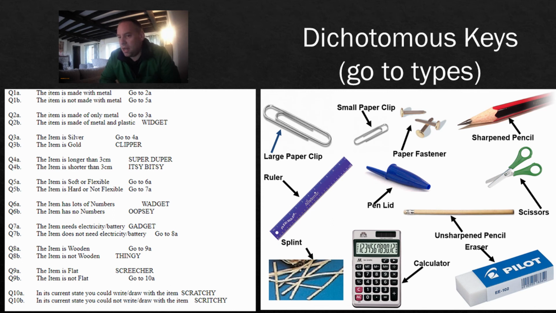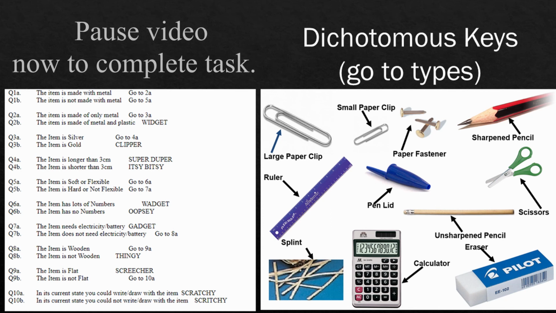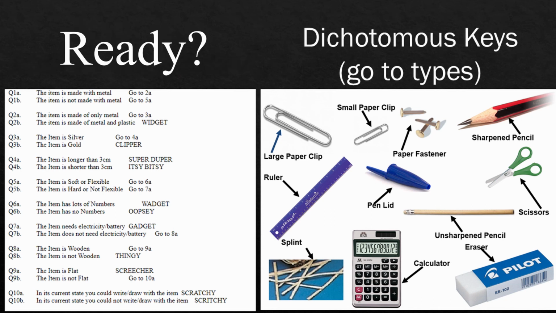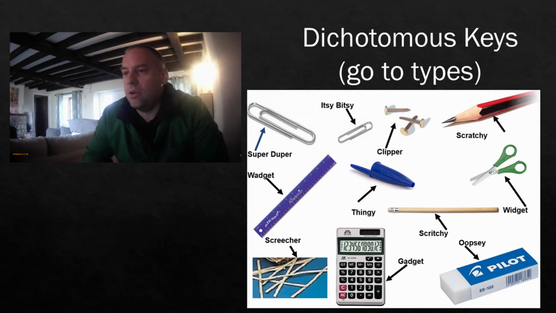You may pause the video and use those 2 sections there to work out the names. After 5 seconds, I'm going to give you the answers. So here we go. 5, 4, 3, 2, 1, and those are the answers. So hopefully you managed to get each of those correct.